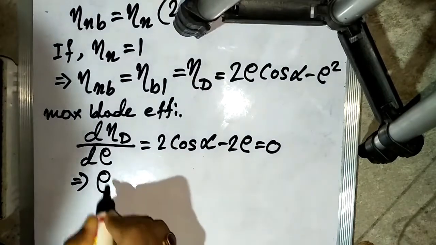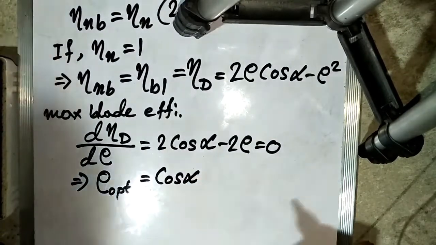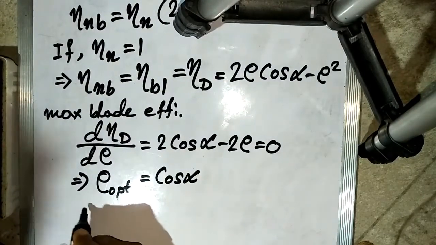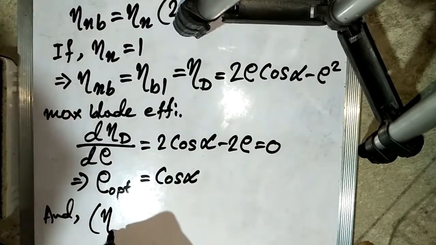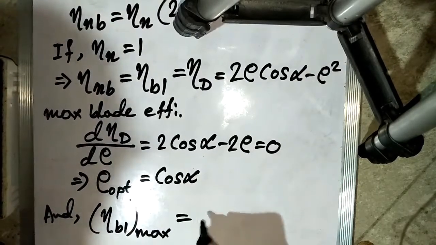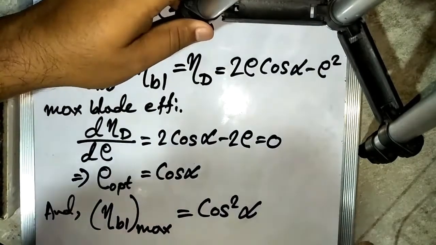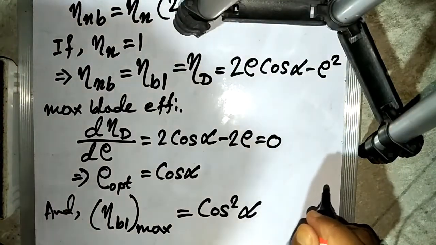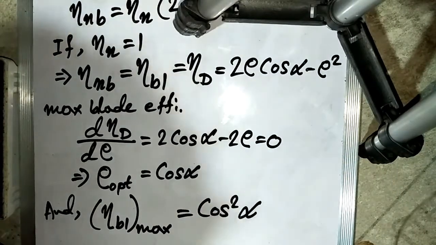So we get the optimum value of rho equals cos alpha, and the maximum blade efficiency, eta b1 max, is nothing but cos square alpha. This is the expression for eta b1 max, which is somewhat less than what was obtained in the previous case.